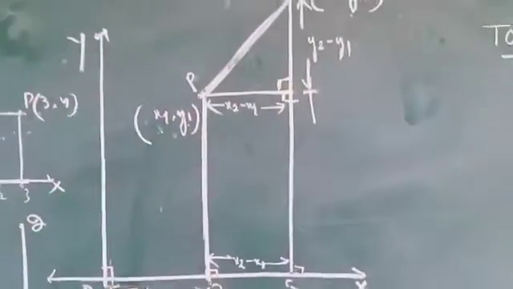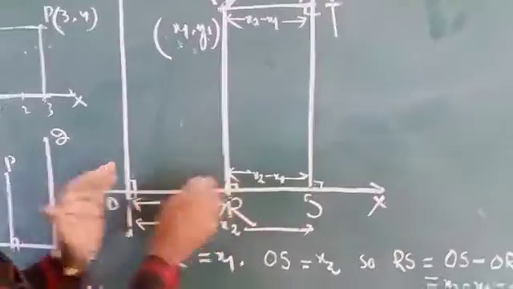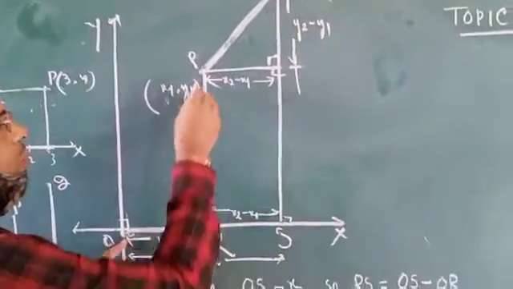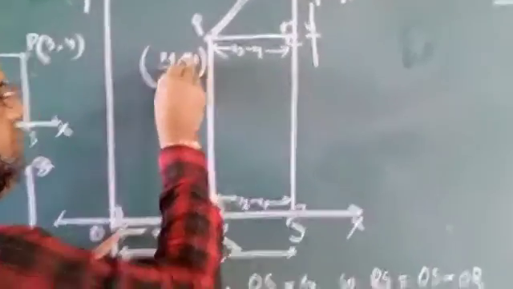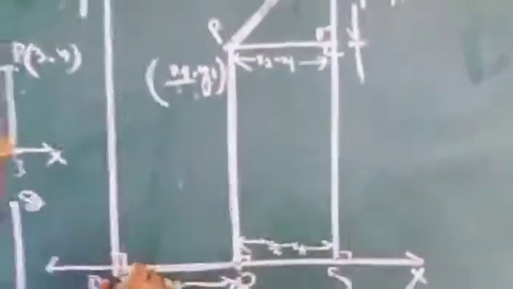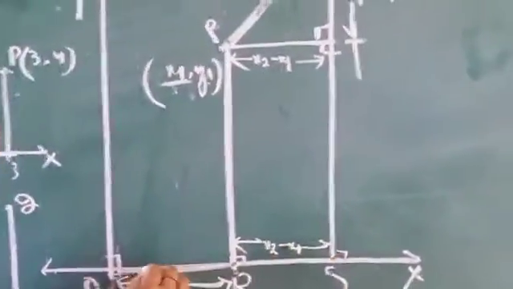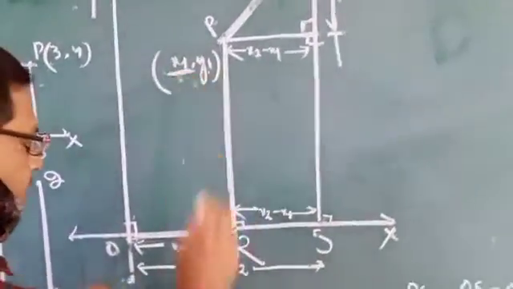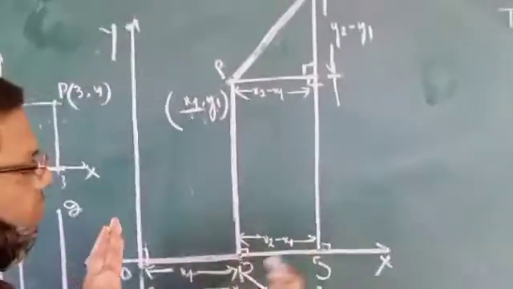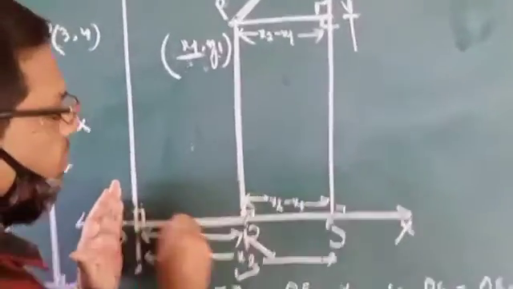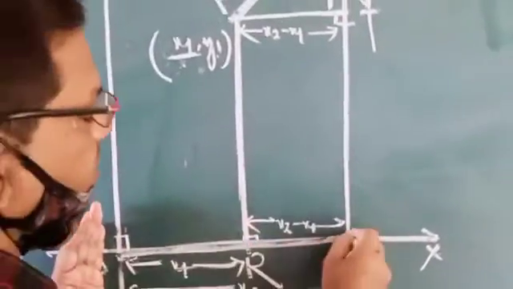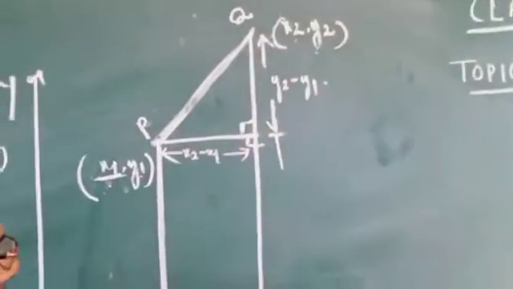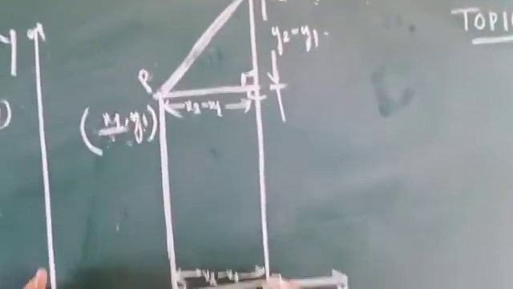Now what is OR? The coordinate of P is x1, y1. x1 is the distance on the x-axis, so OR is equal to x1. And what is OS? Q is x2, y2, so OS is equal to x2.